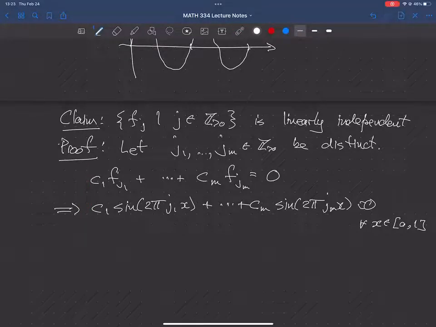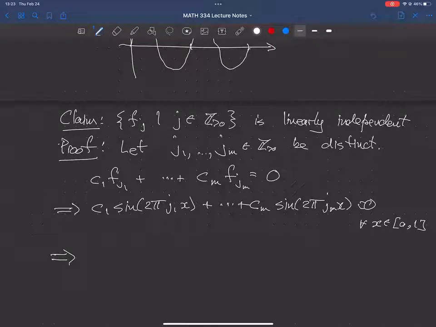So this is two different representations of the 0 function, a kind of complicated representation over here, and then the 0 function over here. But certainly it's going to be true that if I take the 0 function and I multiply it by any other function, I'm also going to get the 0 function.